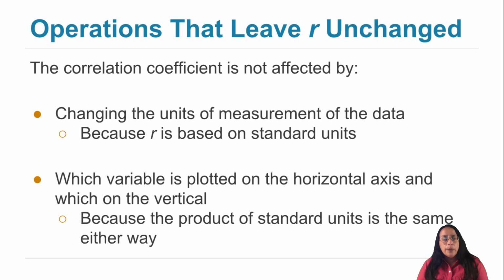You don't have to worry about whether height was measured in inches or in centimeters. You don't have to worry about whether you should say the correlation of height and weight or the correlation of weight and height. They're exactly the same thing. And that's a nice property, because then you can use this correlation without getting bogged down in units or exactly what choice has been made for the two axes. It's up to you.